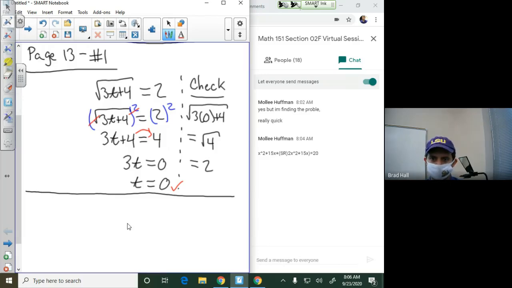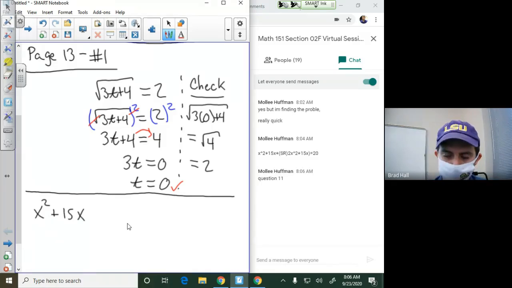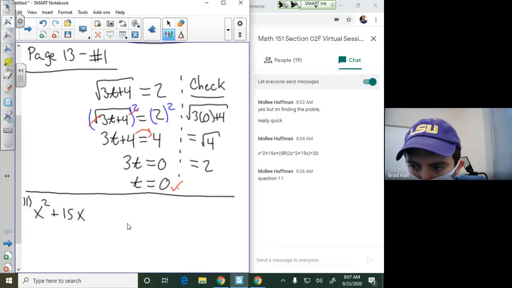I could find it a lot more quickly. But I think this one is a substitution problem. For those of you following along, this is problem 11 from the homework. X plus, and it looks like the square root of that exact same thing.